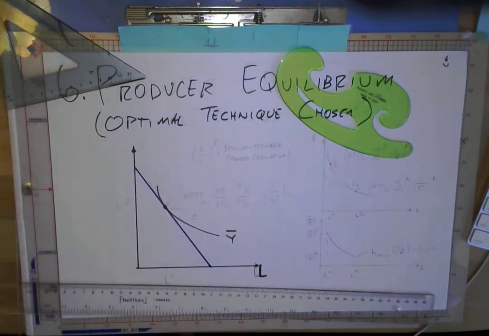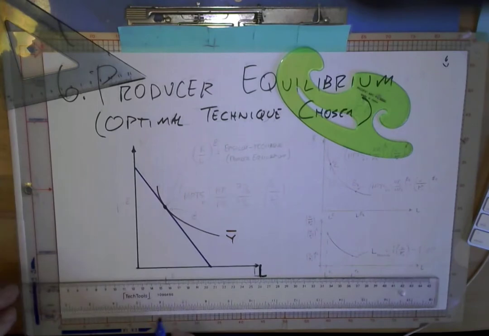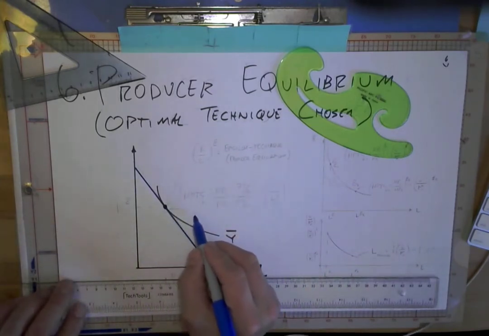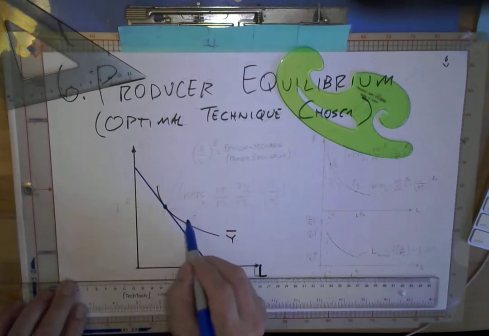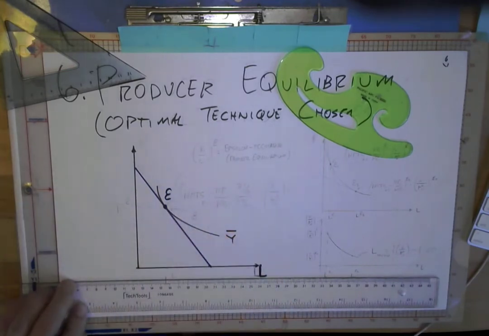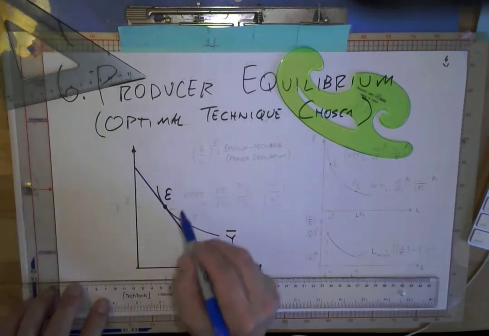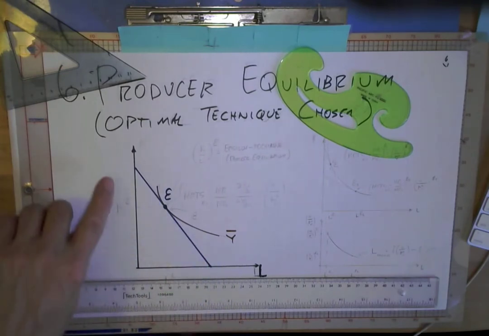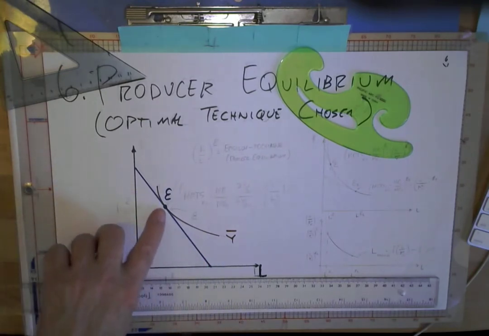This is the optimal condition, the equilibrium bundle, or the equilibrium technique, which we're going to call epsilon. Epsilon here is the equilibrium technique, and at this particular technique, you can see that the isoquant comes into tangency with the iso-cost line.